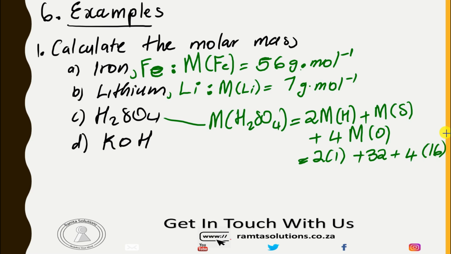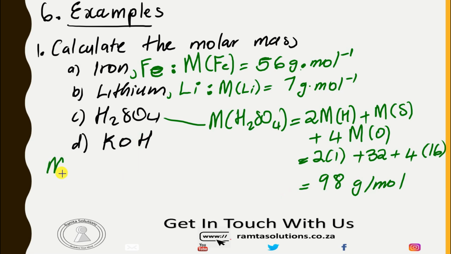Let's see what the answer is. 2 plus 32 plus 64. Therefore, our answer is simply 98 grams per mole.